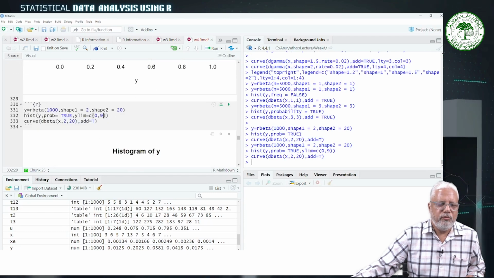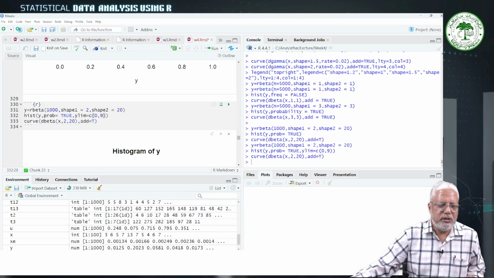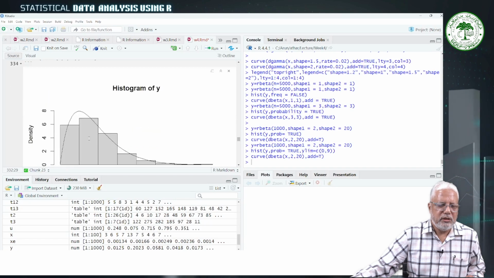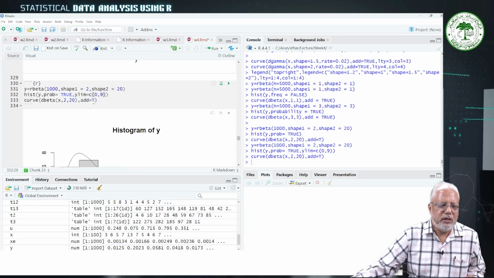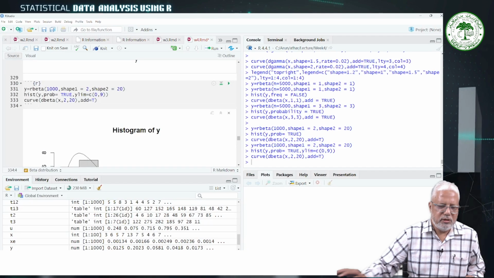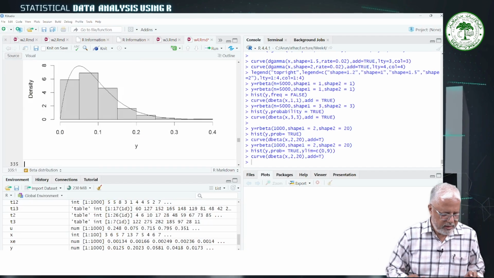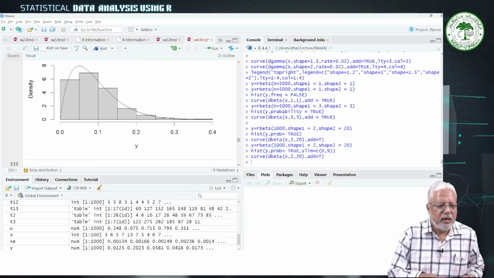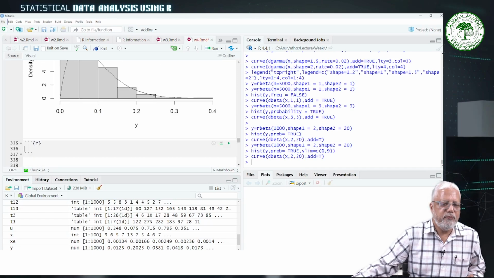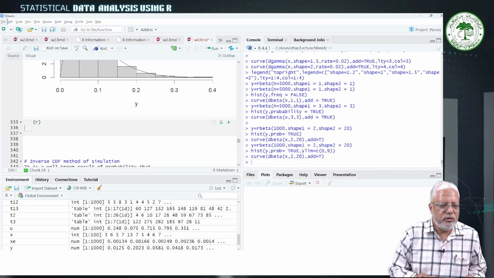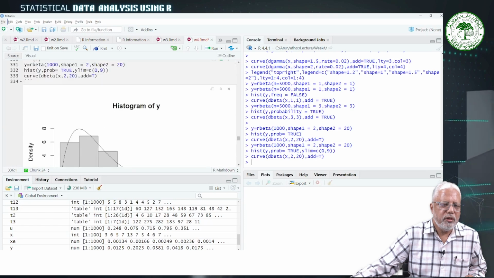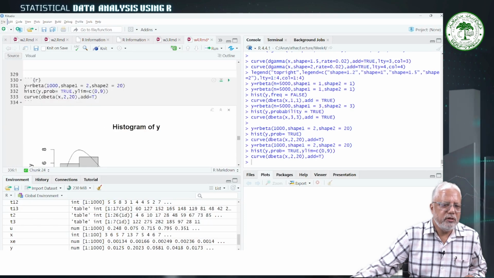So here when shape 1 is equal to 2 and shape 2 is equal to 20, it is right skewed. But see what happens if we change the situation. Say, Control Alt I have made y is equal to, here I am going to change.